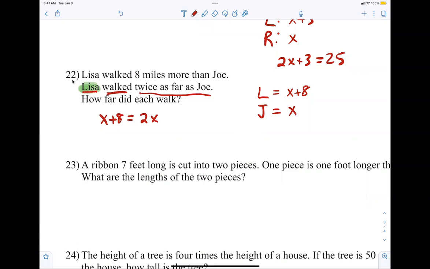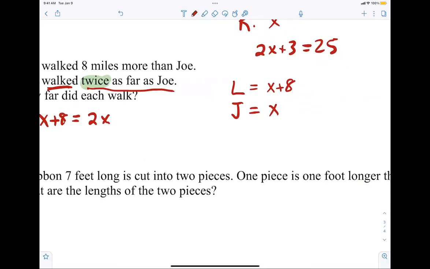I don't get it. Where are we getting this double from? Maybe the word twice. Yeah, I know, but how is it equal to x plus 8? So in order for Joe and Lisa to be equal, we would have to multiply what Joe walked by 2. Let me give you an example.